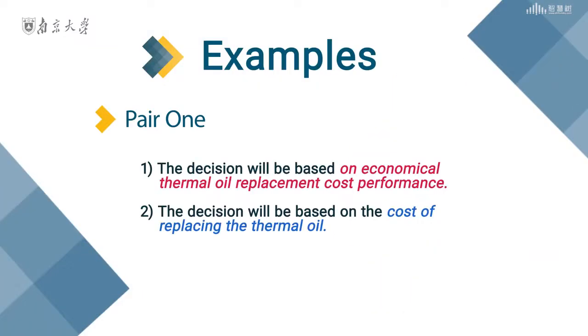It's obvious that for each pair, the second sentence is clearer in meaning than the first one. For pair 1, the second sentence is better because it replaces the complex phrase economical thermal oil replacement cost performance with the more intelligible expression, the cost of replacing the thermal oil.